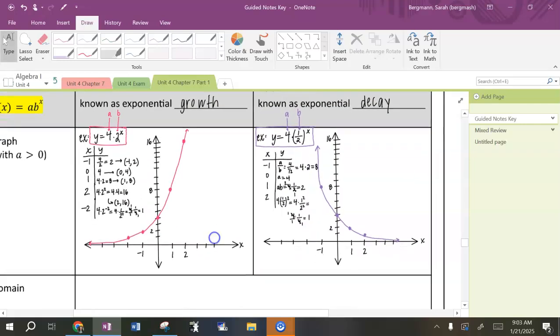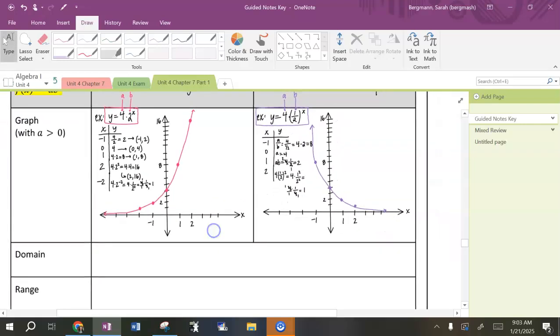These graphs do have some things in common. They both have the same domain. You're allowed to plug in any value for x. Notice the graph goes forever to the left, forever to the right. On both graphs, forever to the left, forever to the right. So the domain is all real numbers.